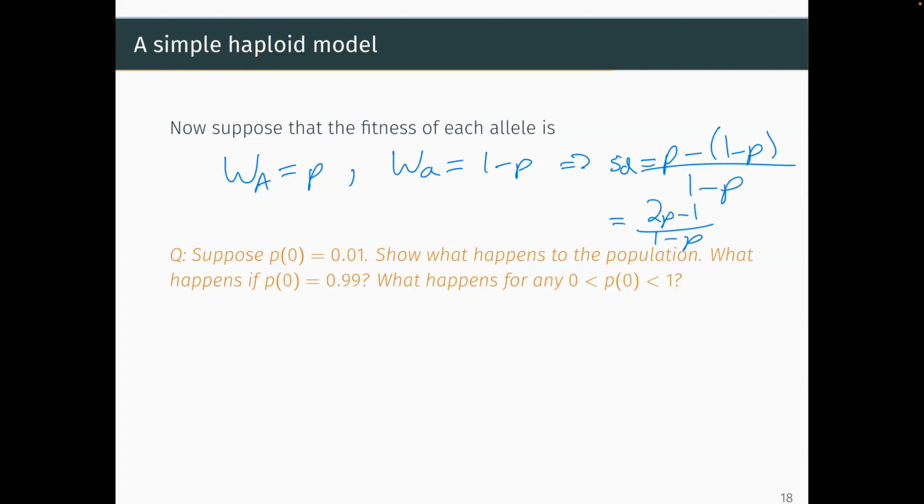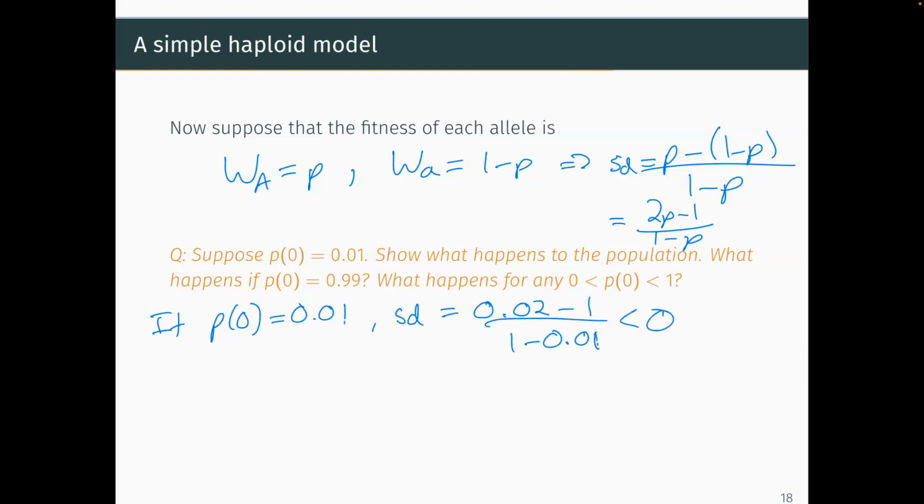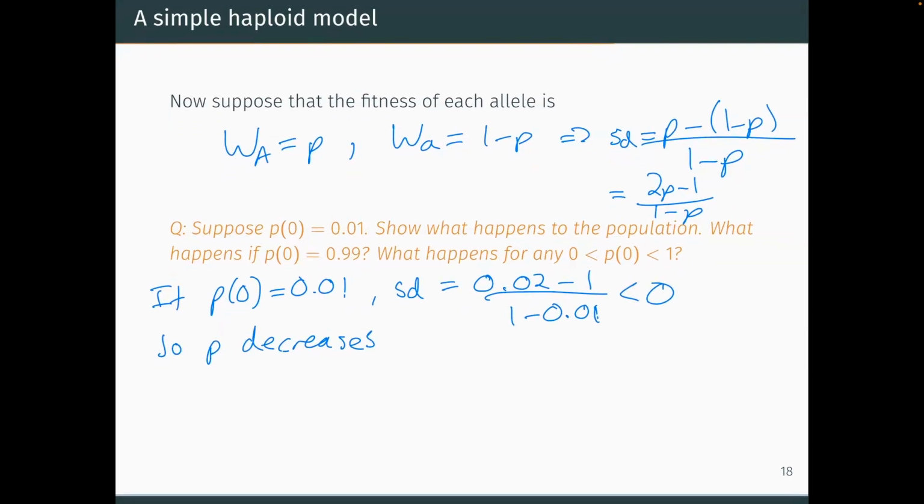What happens if our capital A allele is initially very rare, p at 0.01? Our selection differential is (0.02 minus 1) over (1 minus 0.01), which is clearly negative, because we've got something small minus something large on the numerator. So p decreases. When it's rare, the capital A allele gets selected against.